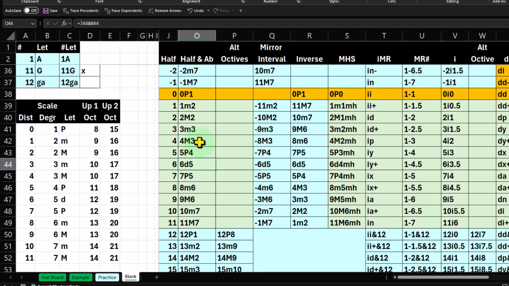The terms of measurement are half steps, and if you want to, scale degrees, which is not the best term because, again, you shouldn't start at 1, you should start at 0. The better term would be modal half steps, forwards and backwards. So that's why this system is a little wonky. It would be more clean to do something like this, but no one talks that way typically. However, it'll be easier to kind of understand this system if you were to do it from scratch. Okay, that's going to be the idea.